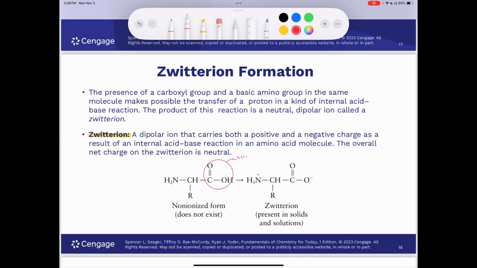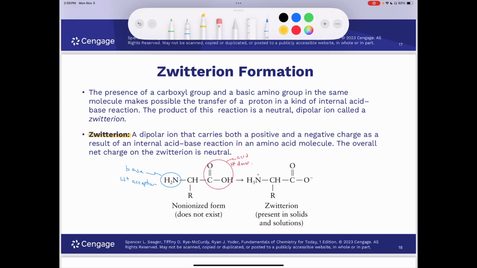So this part is an acid, and you should remember that an acid is an H plus donor. And then the amino group is basic, and we'll put here base, and it is an H plus acceptor. So an acid is an H plus donor, a base is an H plus acceptor.